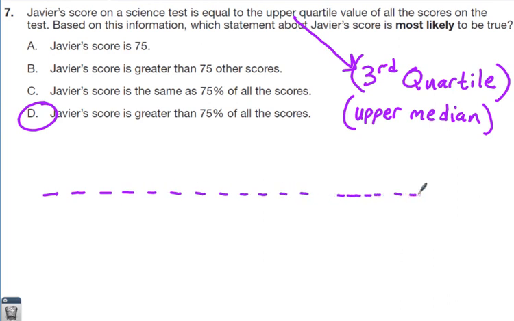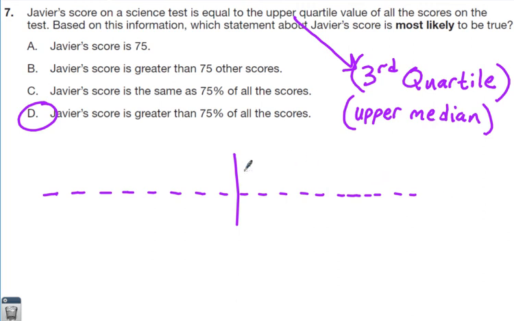When you take all kinds of data, all these numbers, I'm just going to do this roughly. The median cuts the data in half, so 50% of all the scores are over here, and the other 50% are over here.